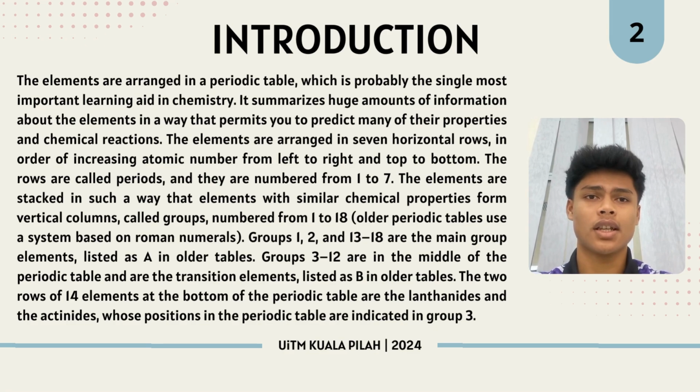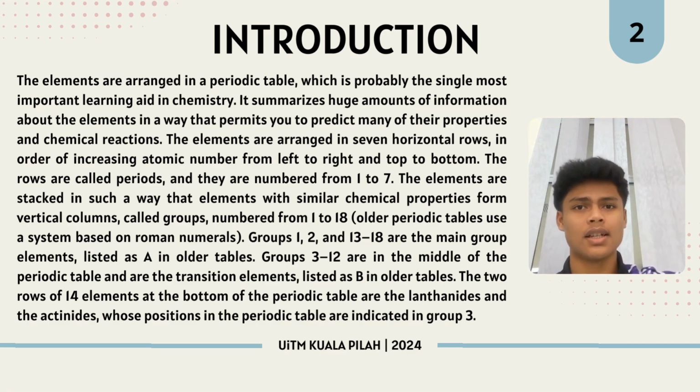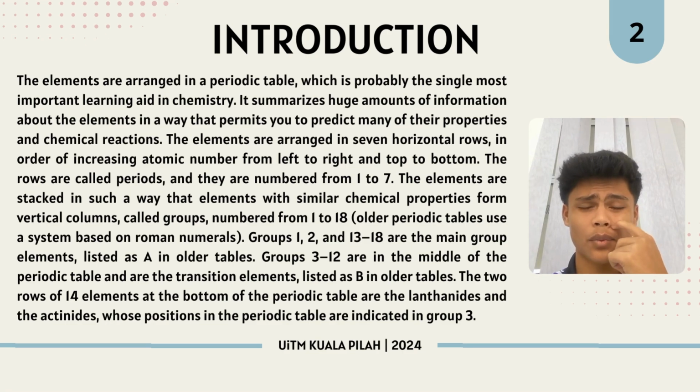The elements are stacked in such a way that elements with similar chemical properties form vertical columns called groups, numbered from 1 to 18. The periodic table has 18 groups and 7 periods.